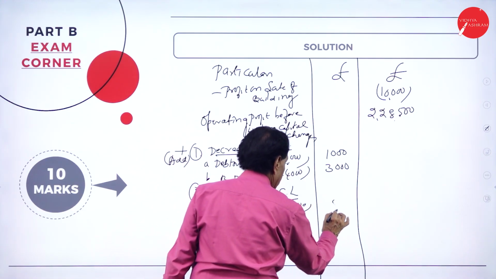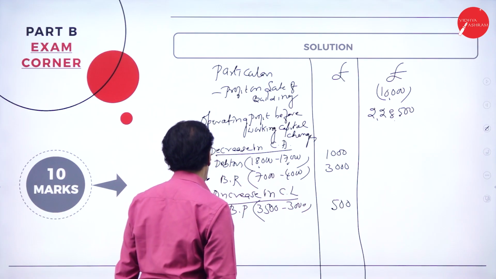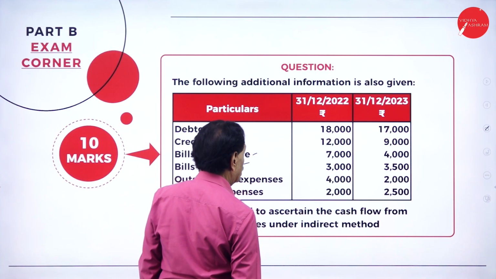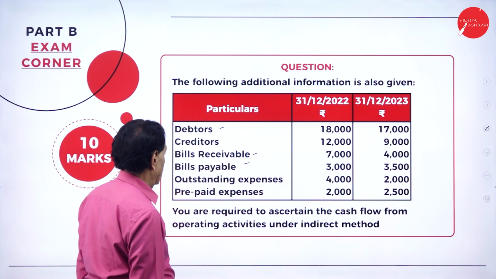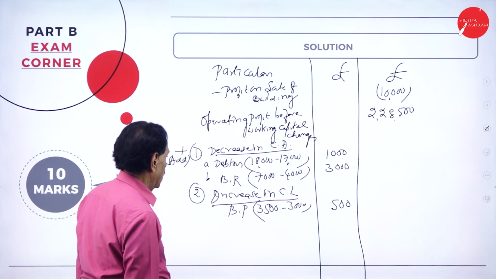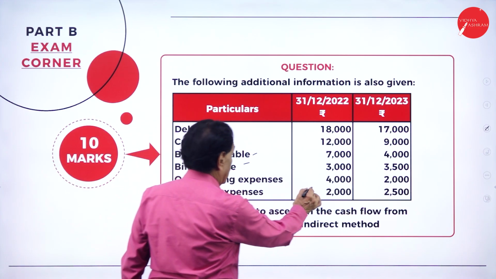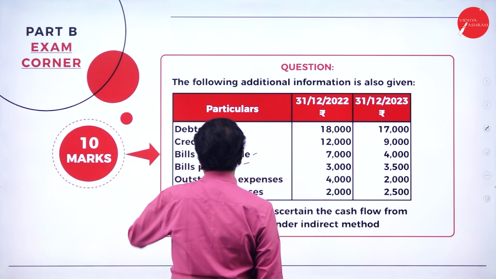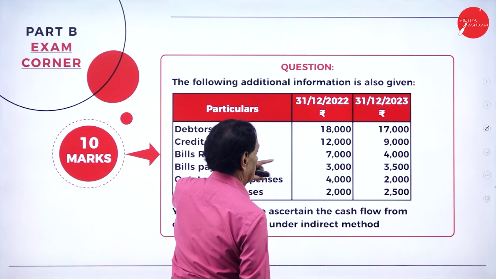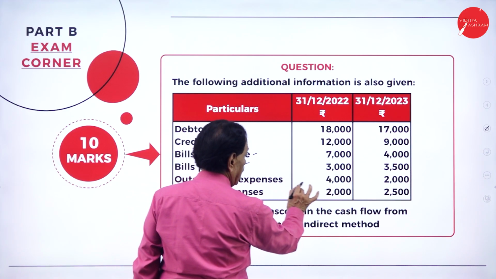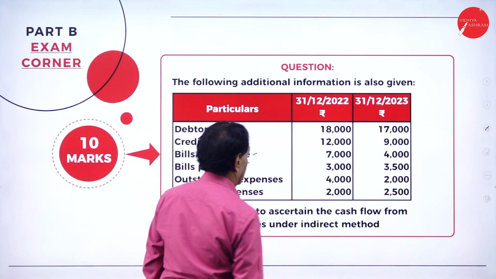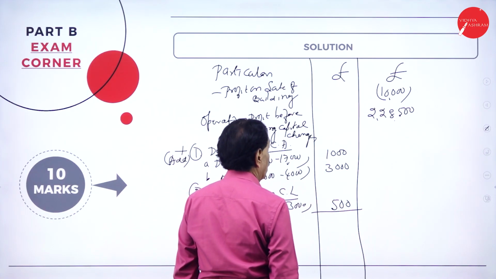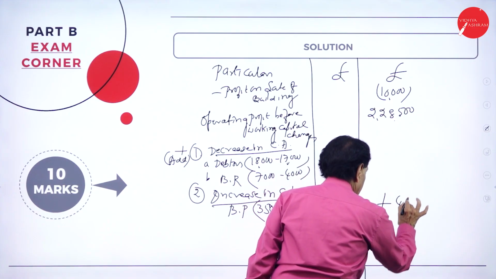It becomes 500. Then BP or outstanding expenses. Outstanding expenses decrease. Prepaid won't come. Here only creditor decrease. Outstanding expenses decrease. BP increase. Only this. So plus 4,500.